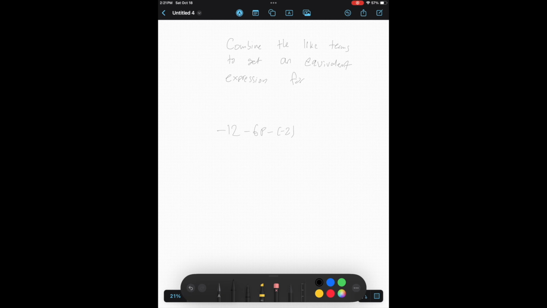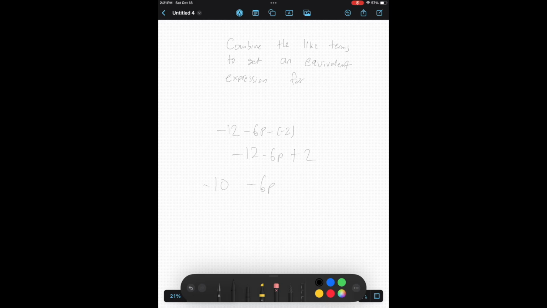So if you remember from before, if you subtract a negative number, that just becomes a positive number. So we can say this: negative 12 minus 6p plus 2, and then negative 12 plus 2 is just negative 10. So this just becomes negative 10 minus 6p.